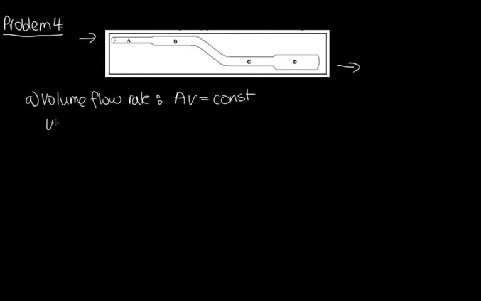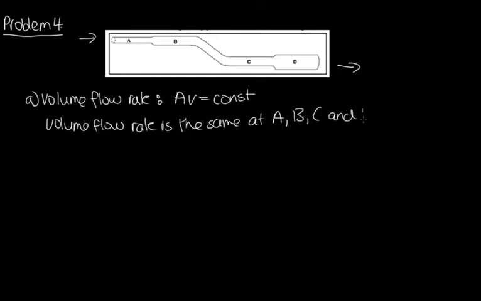So volume flow rate is the same at A, B, C, and D. Okay, part B says rank the velocity of the fluid at the 4 points A, B, C, and D, and we need to give an explanation.